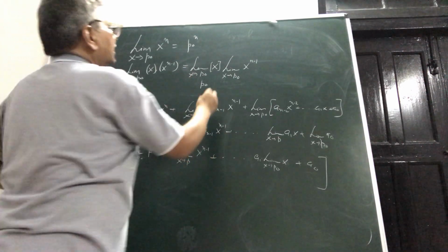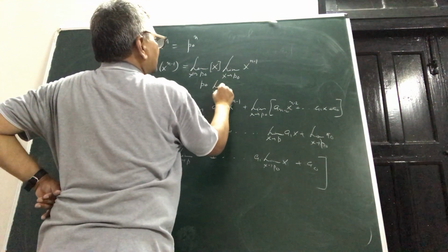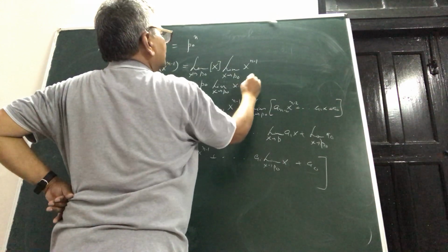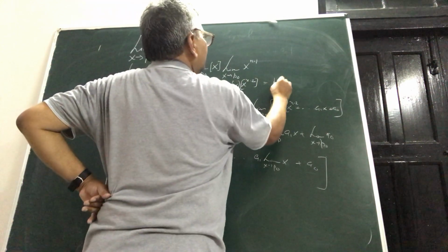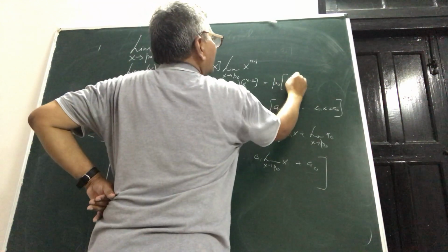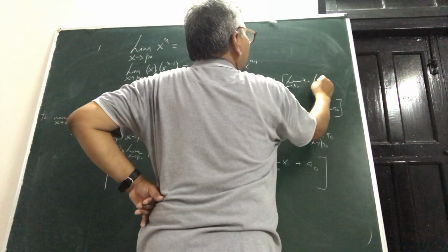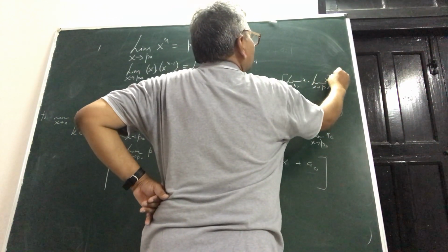And then this again can be resolved as the product of two functions, x into x raised to power n minus 2. So again this will give p naught into limit of x tending to p naught of x into limit x tending to p naught of x raised to power n minus 2.